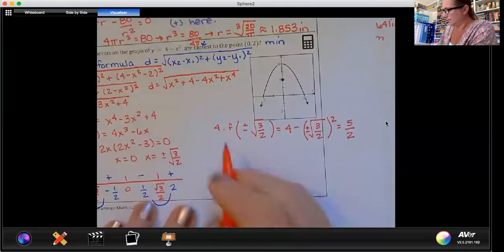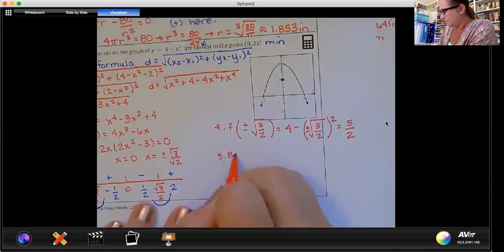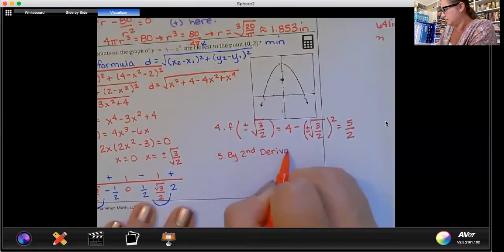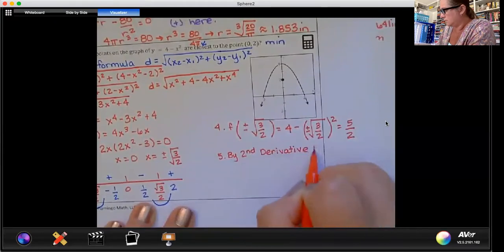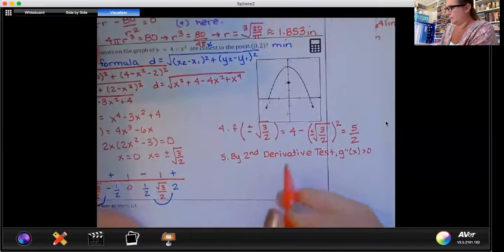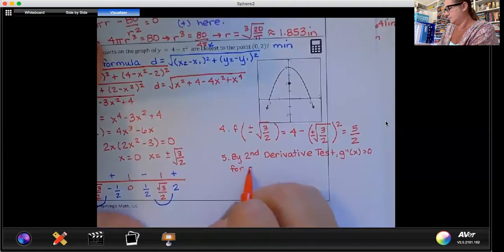So it's time to write our answer. By the second derivative test, g double prime of x is greater than 0 for all x.